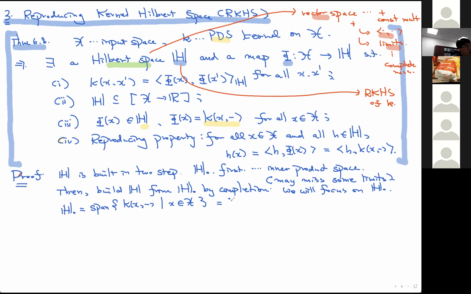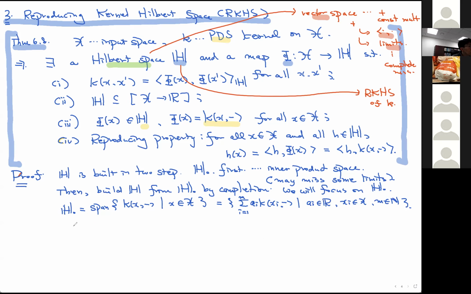So our set H0 will consist of these things: the sum from i = 1 to m of a_i k(x_i, ·), where a_i are real numbers, x_i is an element of X, and m is some natural number. This is how we construct this set of functions.